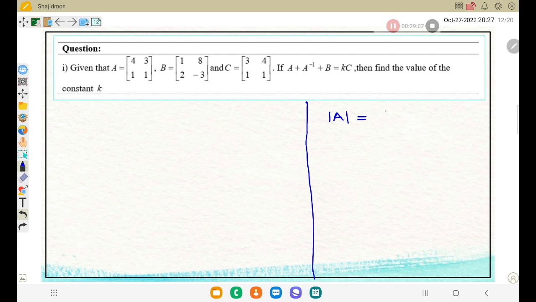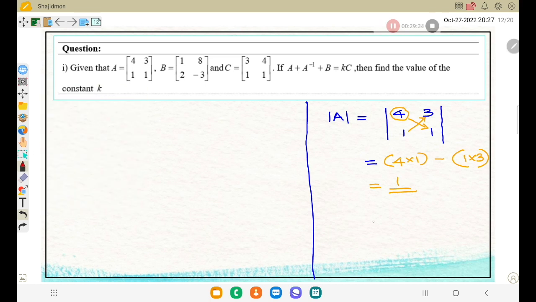Determinant of A equals the determinant of 4 3 1 1. Now you know how to calculate this determinant: main diagonal numbers multiply, off diagonal numbers multiply, and subtract. 4 multiply 1, the main diagonal, minus the off diagonal 1 multiply 3. You will get the answer equal to 1.